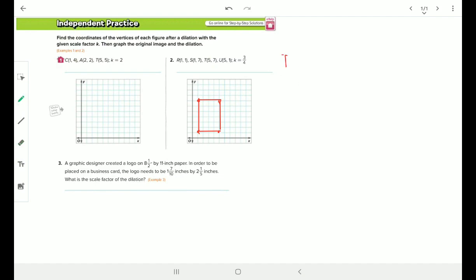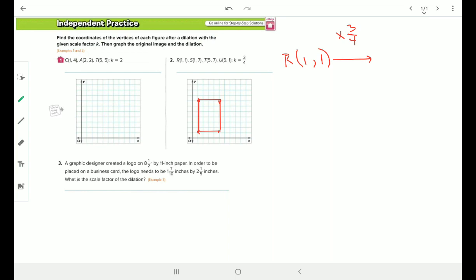So if we're looking at point R, we have the coordinates 1, 1, and we need to enlarge or shrink it by a scale factor of 3/4. So what I'm going to do is multiply each coordinate by 3/4. Since this scale factor is smaller than 1, the image will be smaller.